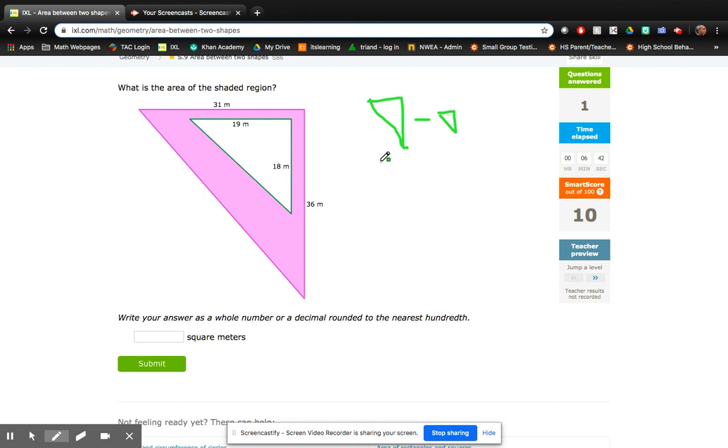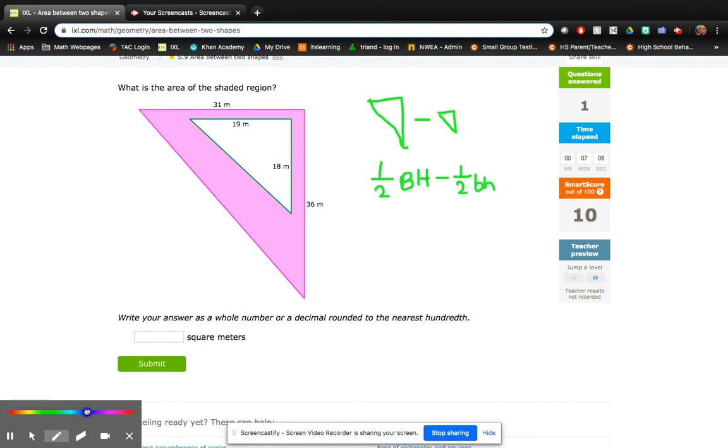And the triangle formula is 1/2 base times height. I'm going to do that same thing where I'm going to use capital letters for the bigger figure, and lowercase letters for the small figure so there's less confusion. Okay. So I need base and height for both of these triangles.